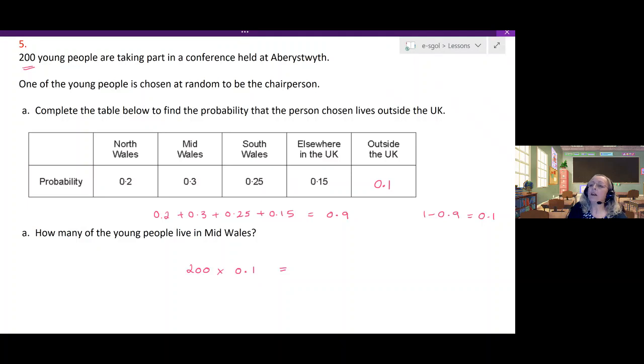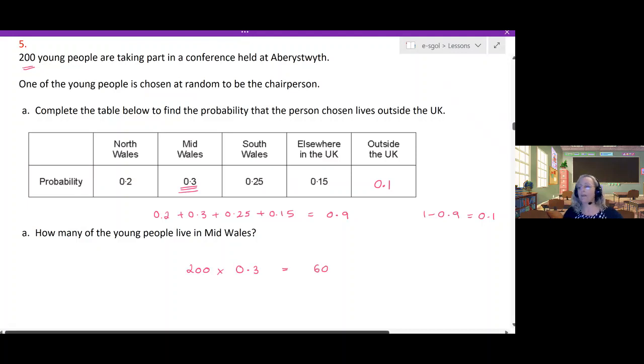Right, let's change that. I had misread it. It says, how many of the young people live in Mid Wales? This is the one I should have been looking at. So it's 200 multiplied by 0.3. So the answer to that one is going to be 60. There we go. Okay, so let's have a look at the next one.